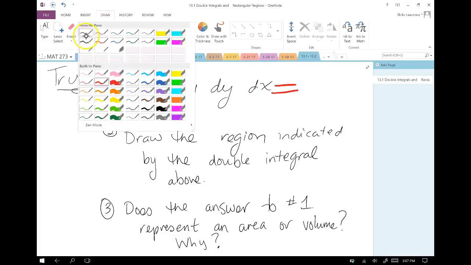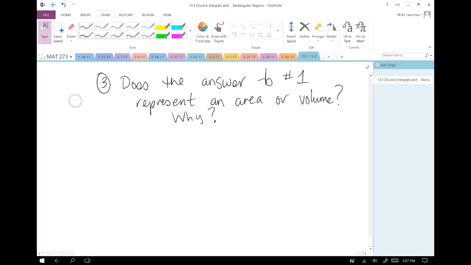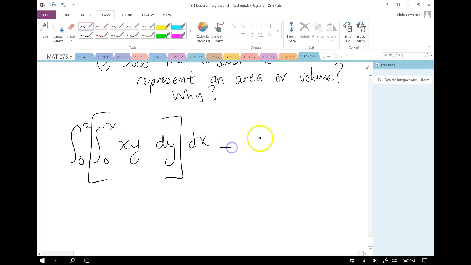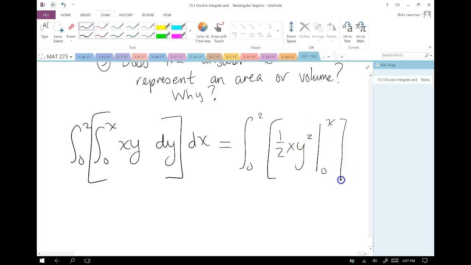Let's work this one out. So we've got 0 to 2, 0 to x, xy dy dx. The antiderivative with respect to y is going to be 1/2 xy squared. And we need to evaluate that from 0 to x.